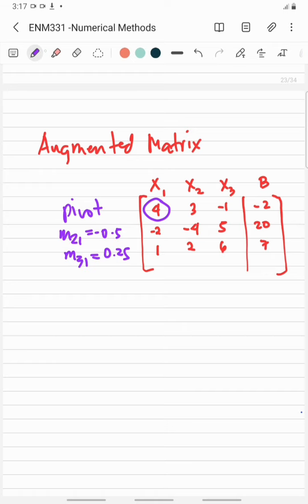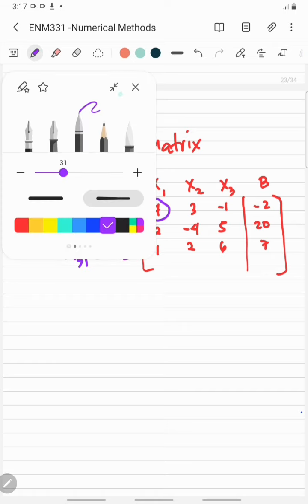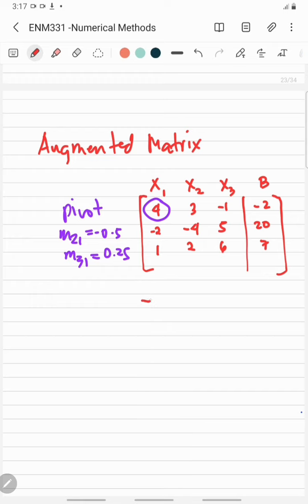We will write the new augmented matrix here. So we have x1, x2, x3. We write all the elements of the first row because it contains our pivot element.